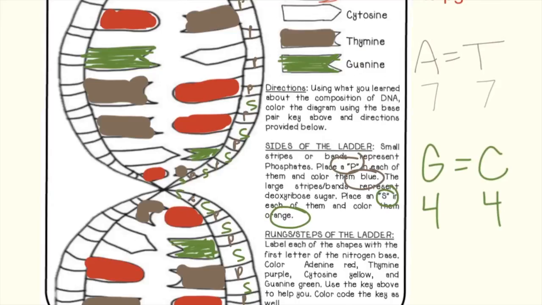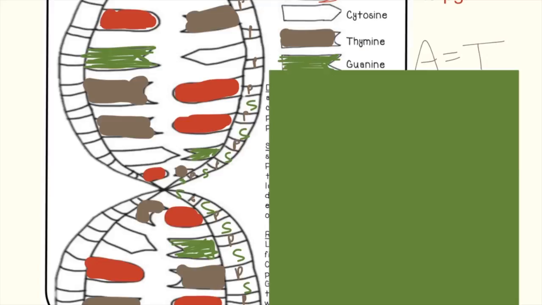So let's just zoom in over here. Okay, so we have 6 molecules that make up DNA. We have phosphate.